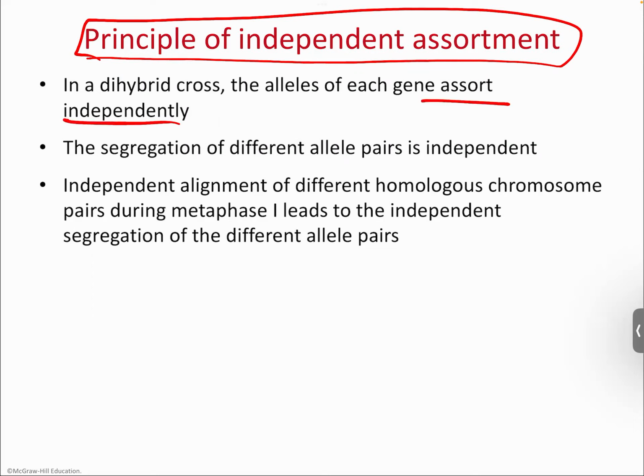Not only are they segregating, right, that your particulate instructions are segregating into the individual gametes, which he didn't know what gametes were. This is like the pollen grain and the seed, probably what he called it, right? So that's the segregation piece of it. But the other thing is that there's a lot of randomness to this, that there's random segregation as well. Segregation is happening, but it's also randomized.